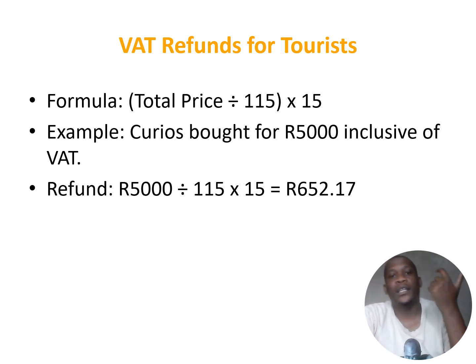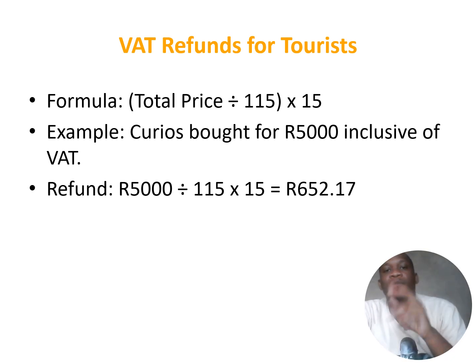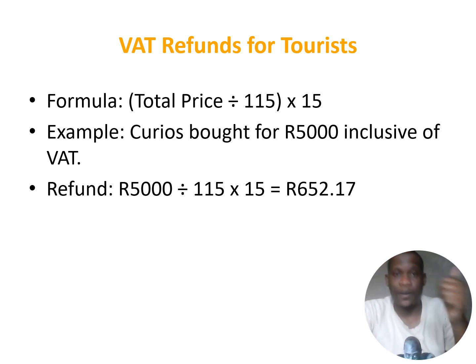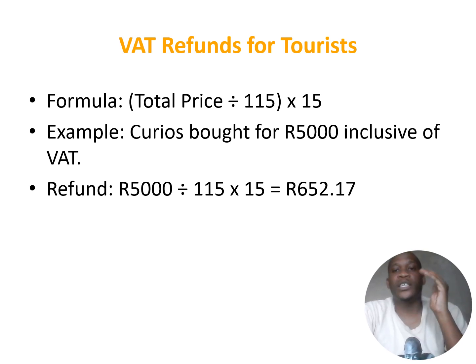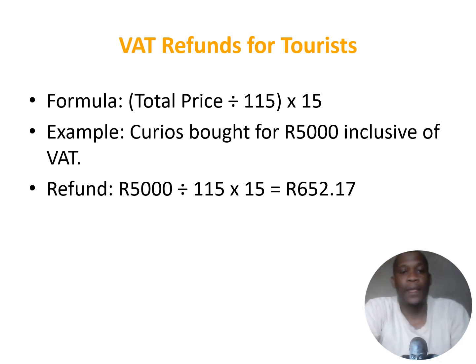So if you want to get how much VAT this thing cost, we say the refund is 5,000 divided by 115 times 15, which is 652 rand 70 cents for the refund that Curio is going to get for the item he bought for 5,000, which included VAT at that time.